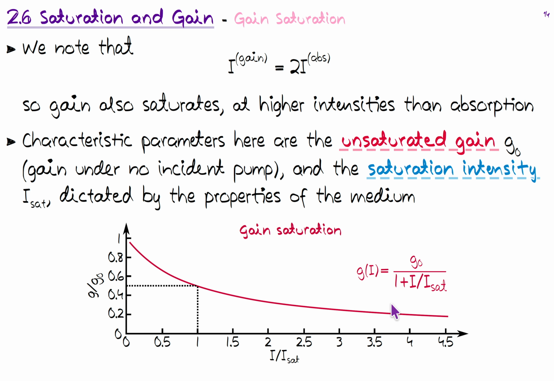And then ultimately we don't have that much gain anymore in the system at all. So this really changes how the laser behaves when we are cranking up the power. We want more power out from the laser, we use a stronger pump, but we don't get a linear dependence anymore for the output by increasing the pump intensity.